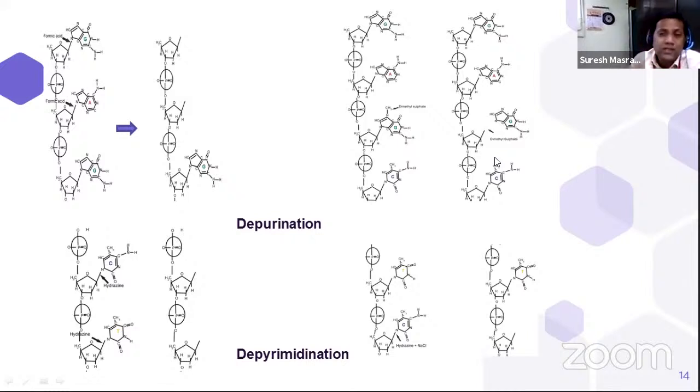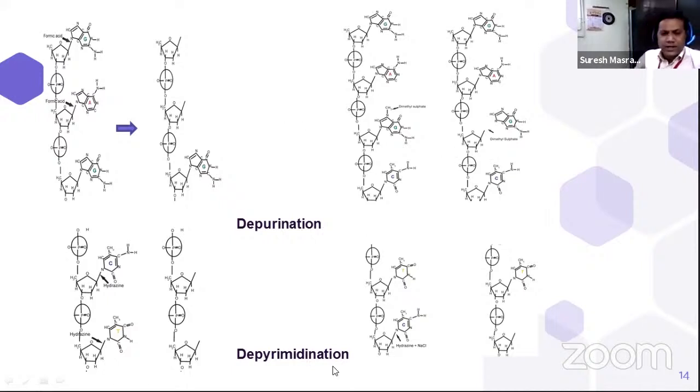But dimethyl sulfate, most preferably, typically also acts on adenine, but the glycosidic bonds which are present between the deoxyribose and one.